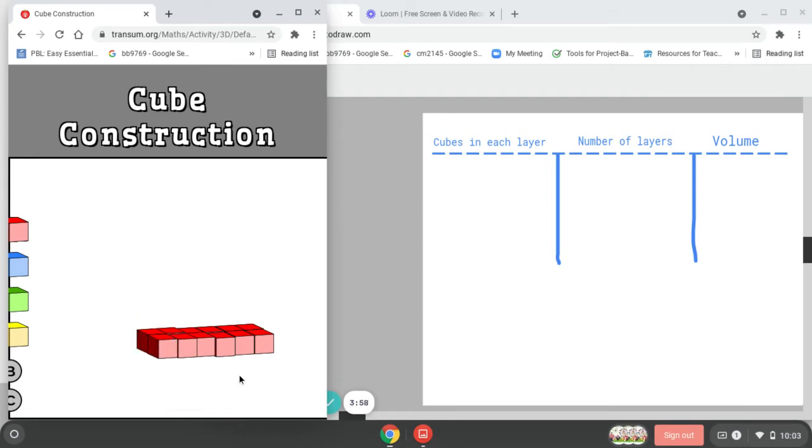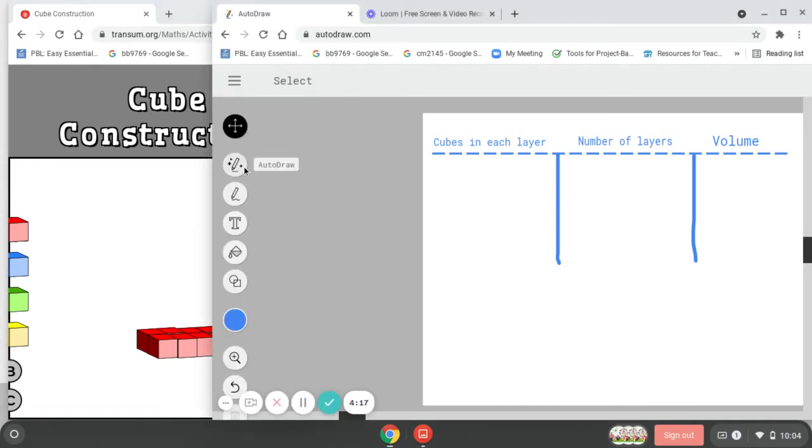Okay, so our length is 1, 2, 3, 4, 5, 6. Our width is 1, 2, and our height at this point is just 1.